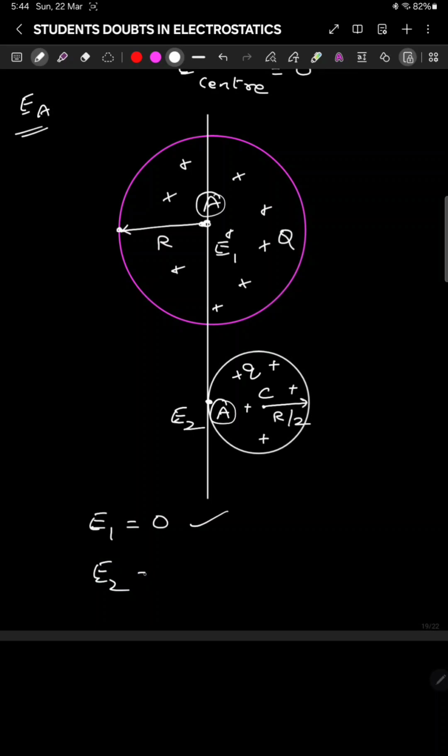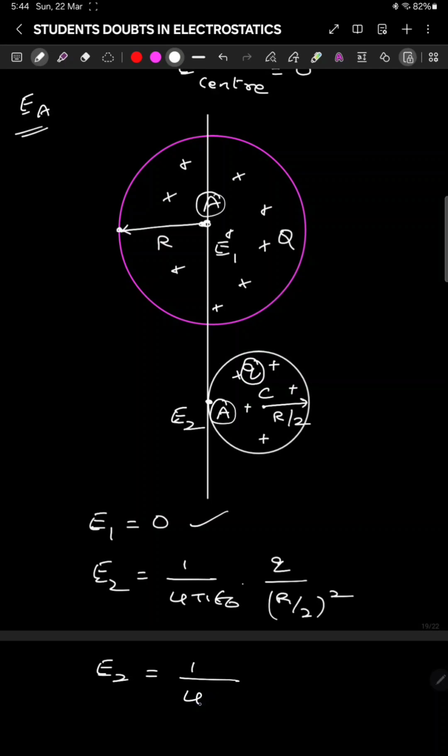E2 will be equal to, on the surface, electric field formula 1 by 4 pi epsilon naught, let us assume the charge of the small sphere is small q, q by radius square. Radius is here R by 2 whole square. So E2 becomes 1 by 4 pi epsilon naught, 4q by R square. So here small q value actually we don't know.